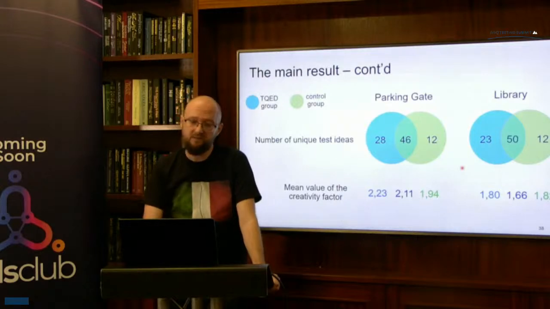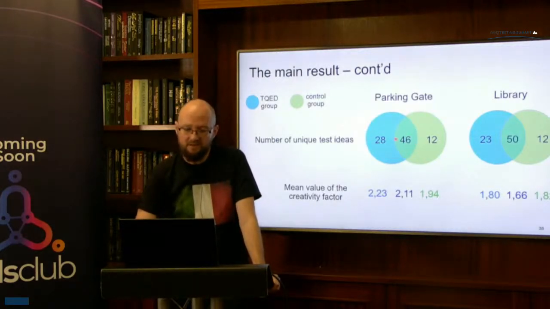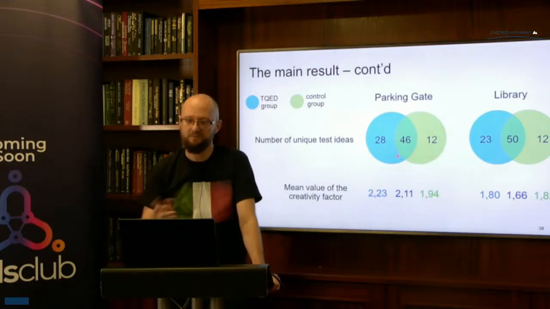Also, when we looked at the number of ideas that they came up with, for the parking gate, TQED invented 28 unique ideas, which the control group didn't come up with. The control group came up with 12 such ideas, and both groups came up with 46 ideas which are common for both groups.